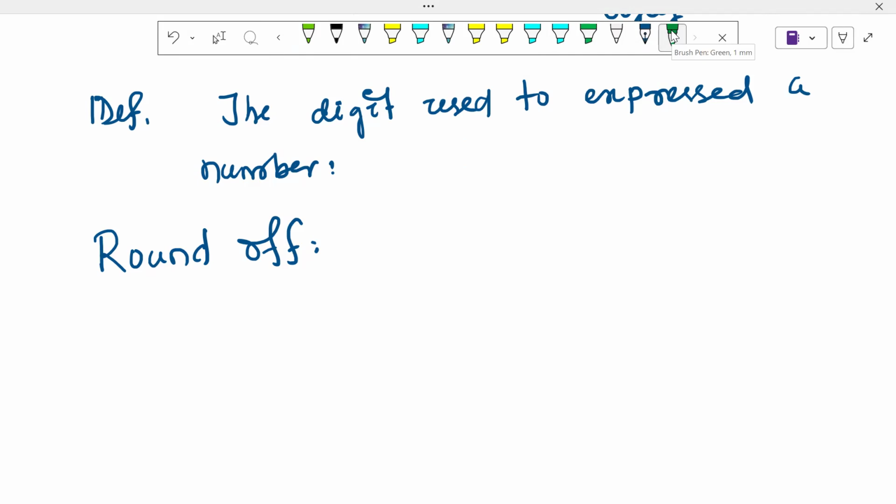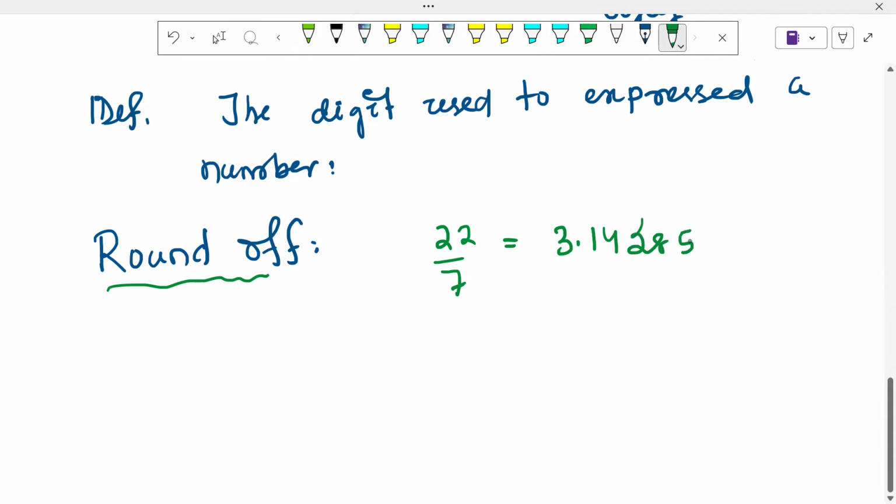There are numbers with a larger number of digits. Suppose you consider one number, 22 by 7, which we can express as 3.142857143.